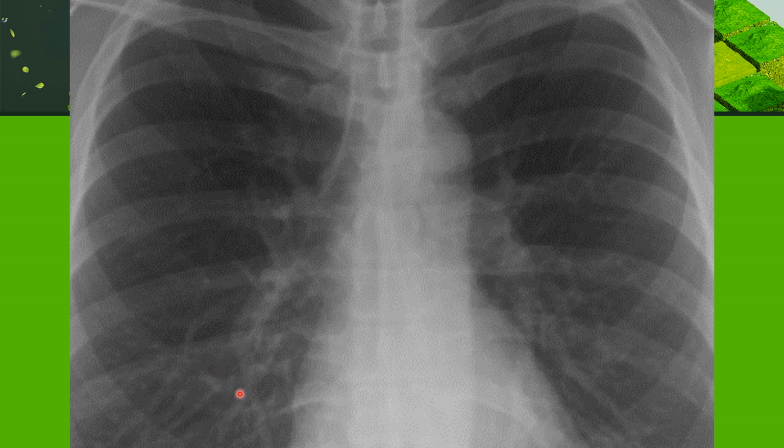In the lower zone, there are more congested vessels, more gravity dependent, more blood flow, so they are visible easily, but you cannot trace their lines or borders. While here there are delicate small vessels, and you can see only a few. With congested veins in upper lobe diversion, you will see vessels in the upper zone like the lower zone vessels.